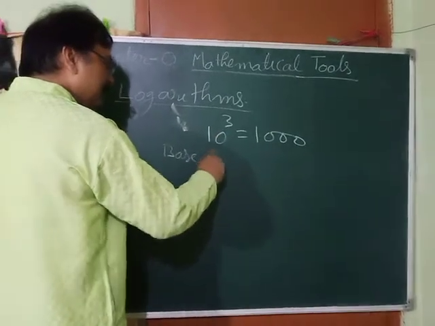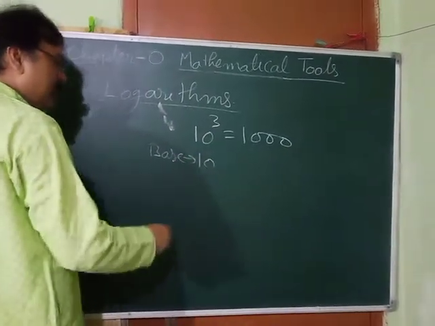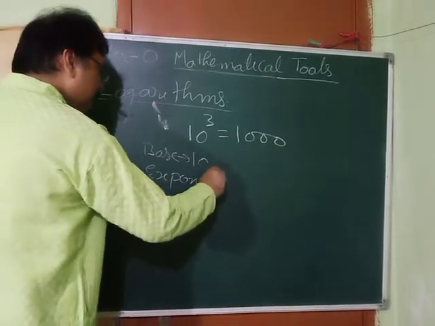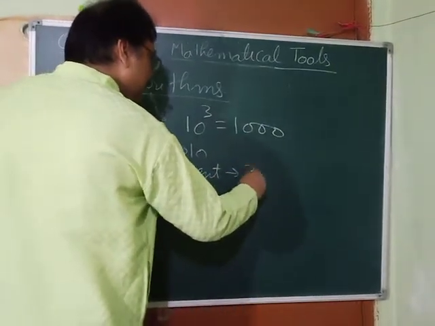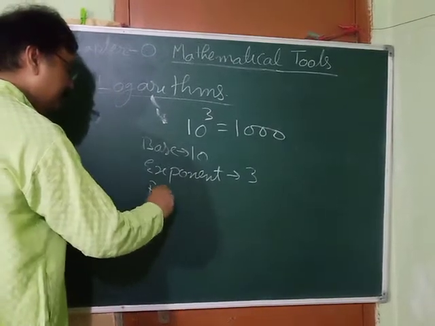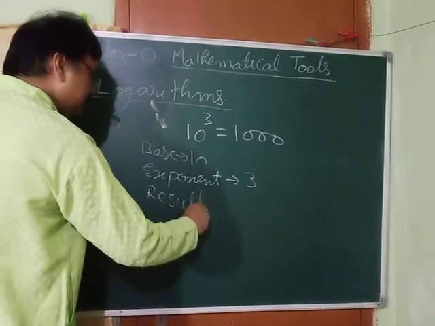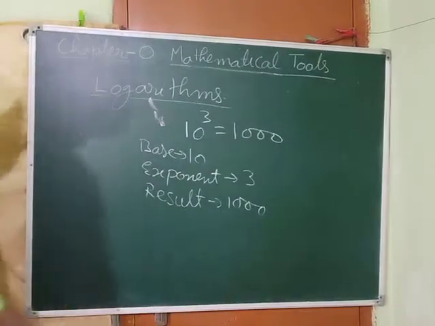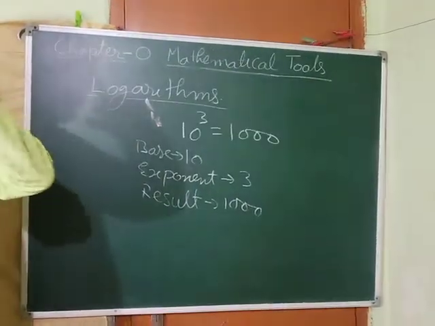It is 10. What is the exponent? It is 3. What is your result here? It is 1000.